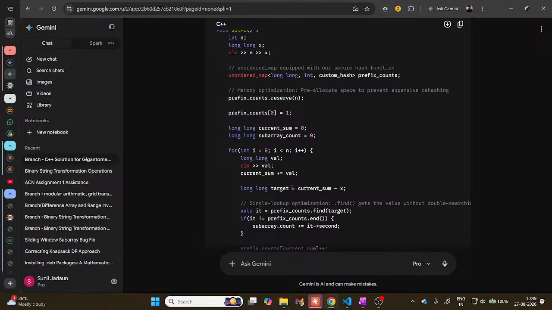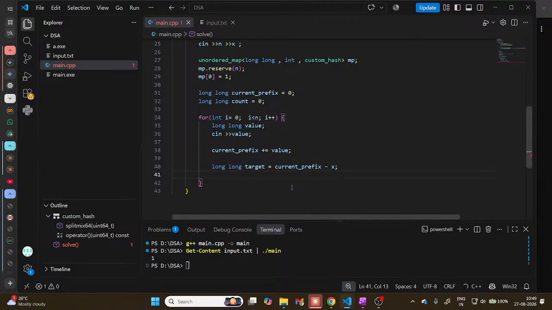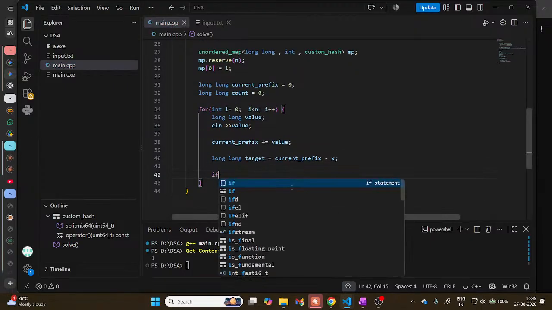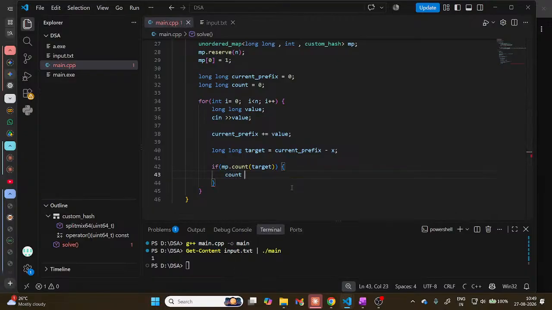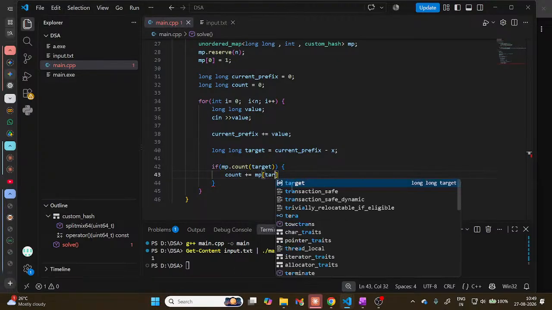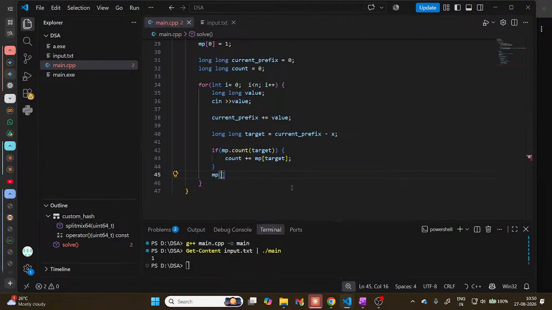Then we will have this target: long target is equal to current prefix minus x, right? If map dot count target, then in that case count plus equal to map of target. Then we have map of current prefix plus plus.